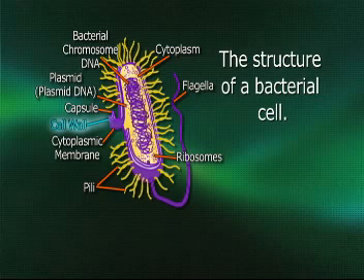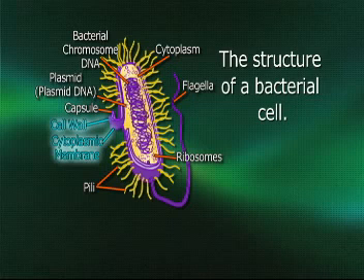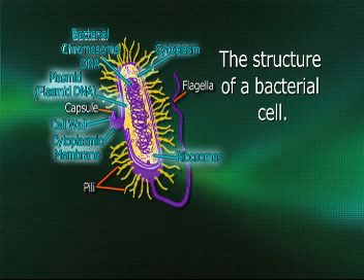Peptidoglycan is the material that makes the outside of the bacterial cell rigid. It is important to note that all bacteria have a cell wall, a cell membrane, cytoplasm, ribosomes, and DNA.